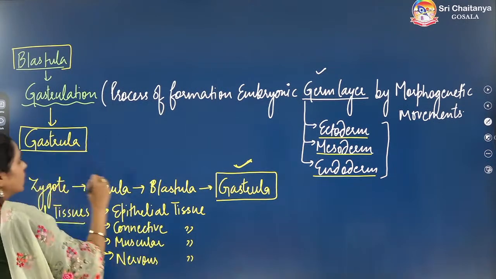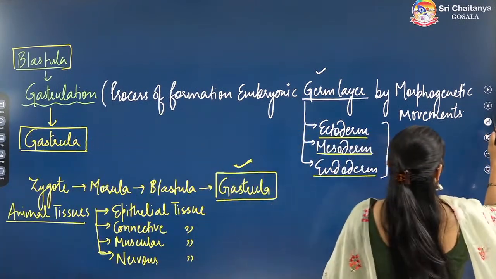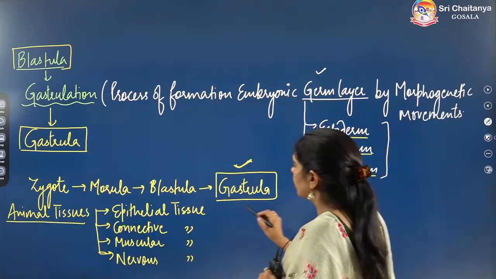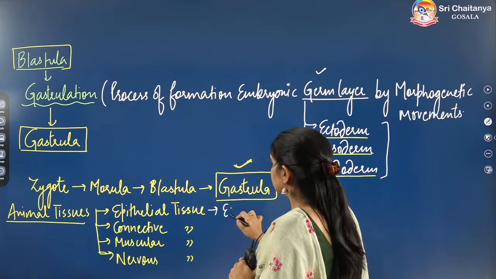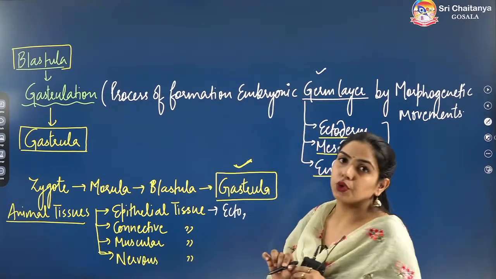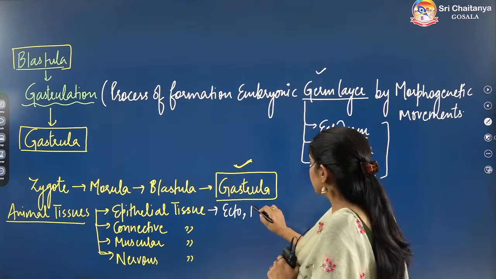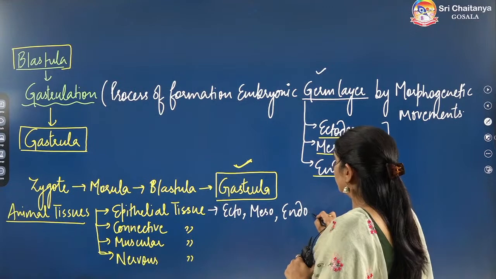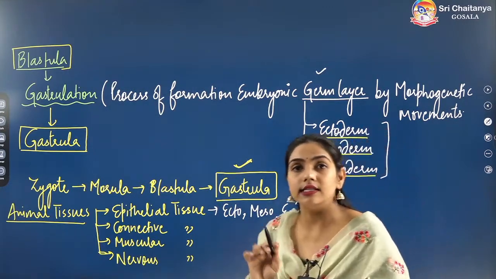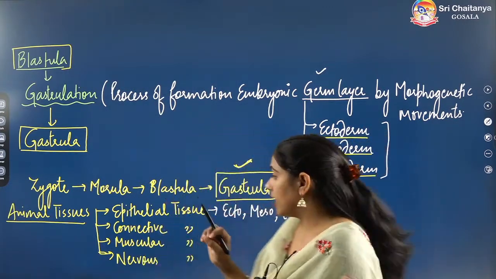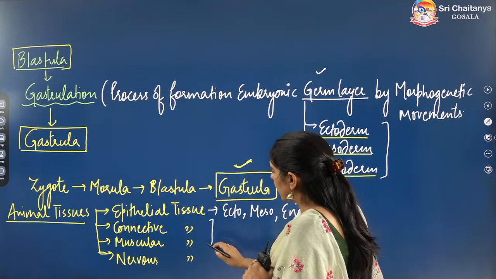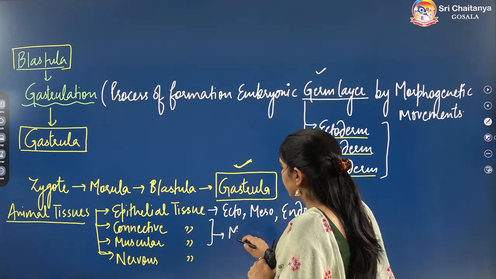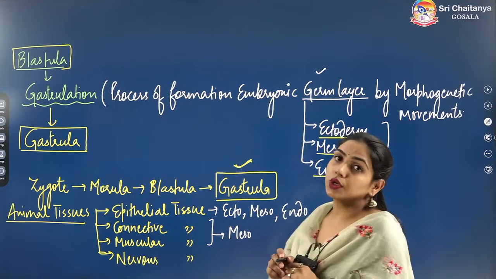So let me tell you now, epithelial tissue can be formed by all the three germ layers. The origin of epithelial tissue can be ectodermal, can be mesodermal and can be endodermal. Then connective tissue and muscular tissue are getting formed by the mesoderm.